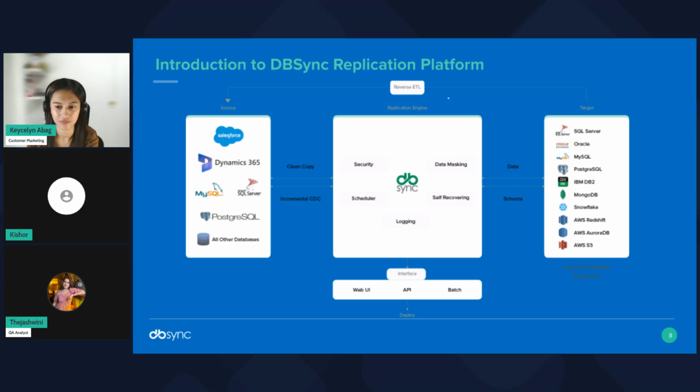This is how DBSync will complement your Azure Synapse database while syncing through to your target, that is Azure here. That is perfect, Tejaswini. Again, this means that with DB Sync, organizations can make effective decisions based on the most updated and accurate data.